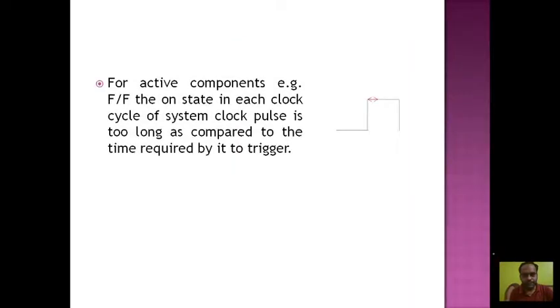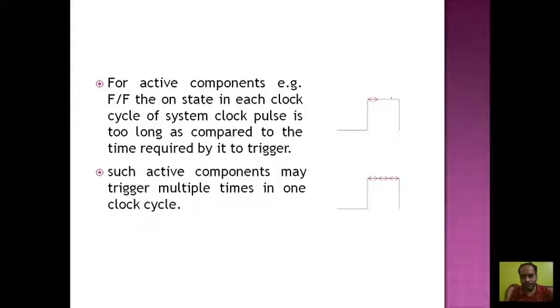Now if you consider a clock cycle, the on time of this clock cycle is too long for an active component. An active component needs a very small amount of time to trigger. Therefore, it has a lot of time remaining in the on state of the clock cycle.